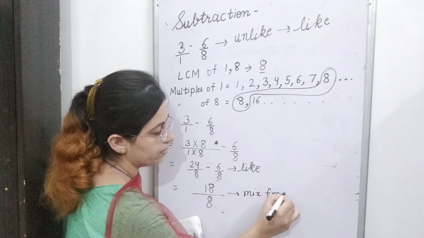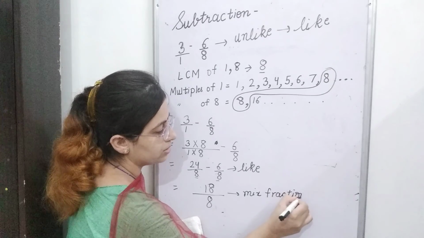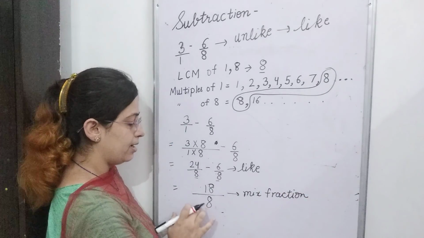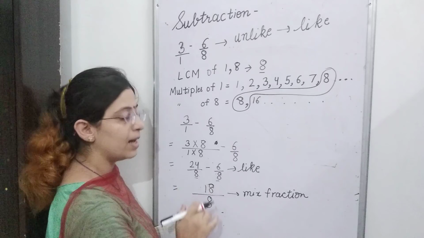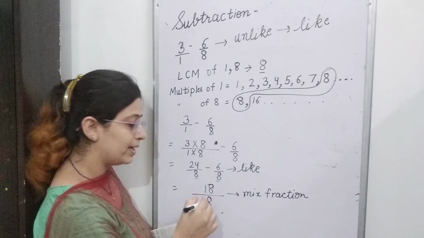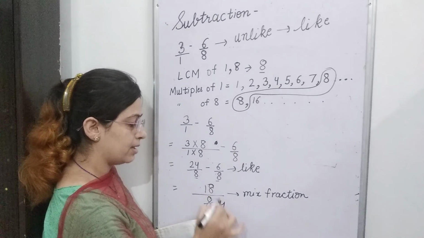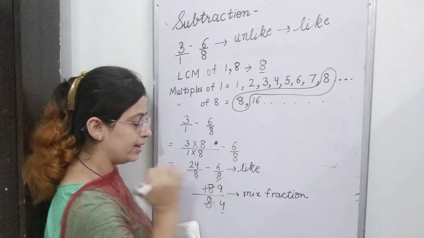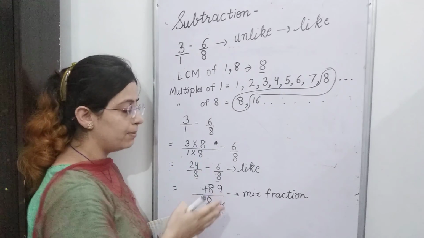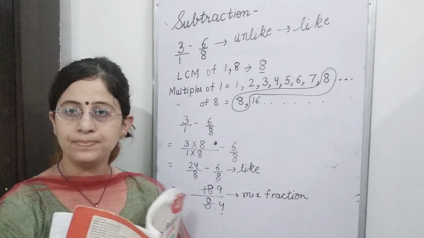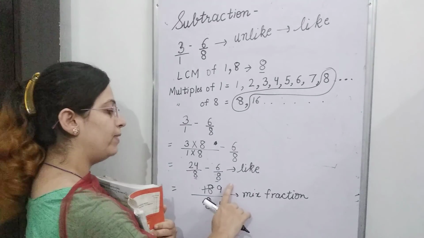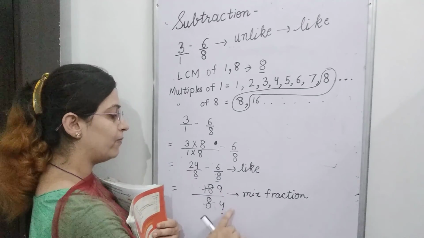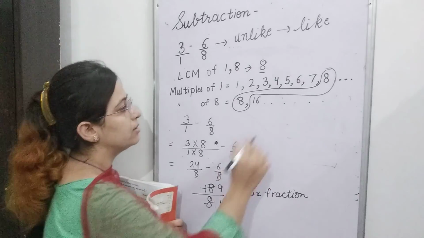So before converting it into a mixed fraction, let us cut it. See, 8 and 18 both come in the table of 2. So we can cut it. 2 times 4 is 8. 2 times 9 is 18. Now there is no table in which 9 and 4 both will come. So now we will divide this 9 by 4 to get the mixed fraction.